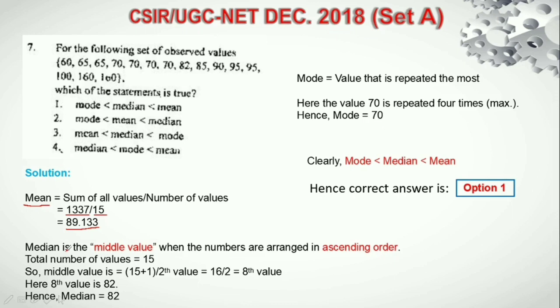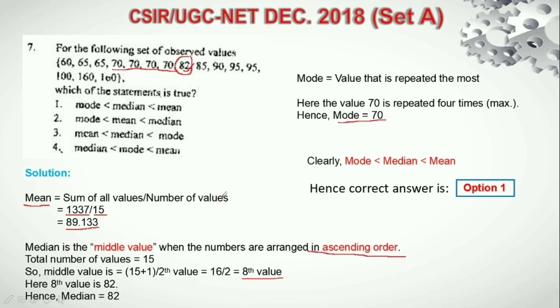So if you count the 8th value from the given set, it is 82. This means median is 82. A mode is the value which is repeated the most. So in the given set, the number 70 is repeated 4 times, which is the maximum. So this means mode is 70.